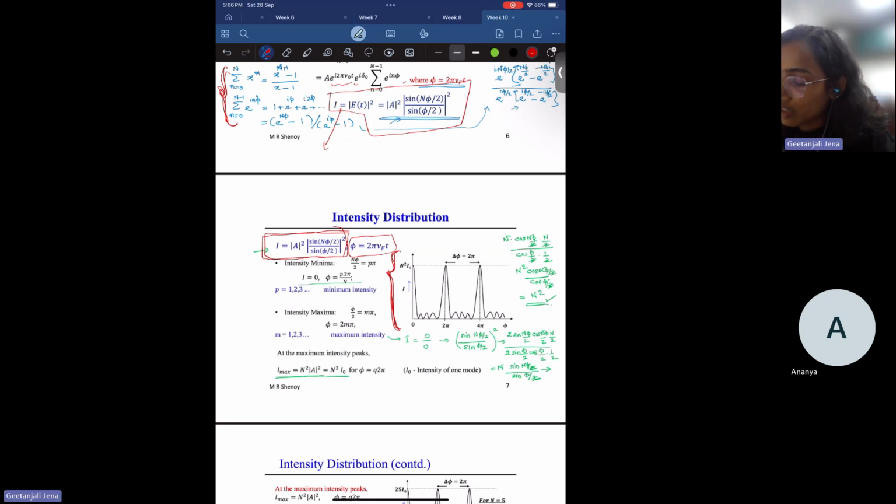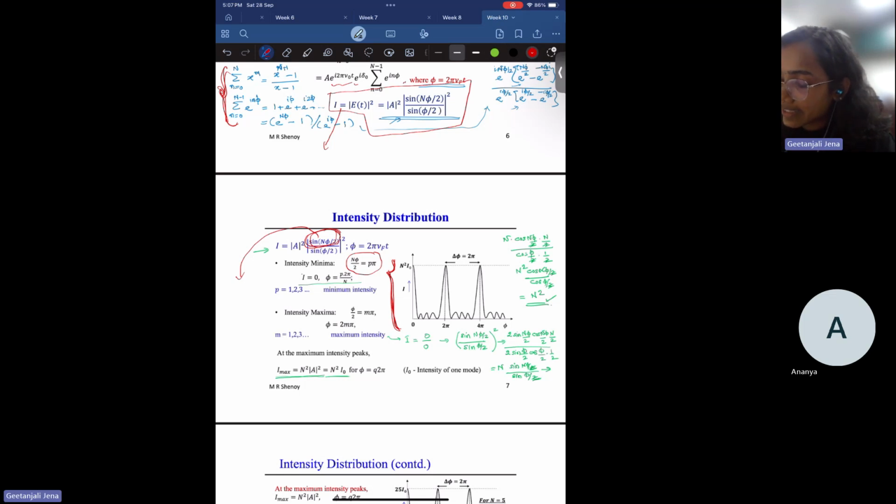For minima, what you need? If you want to get an intensity of 0, that means this term should be 0, right? So that means n phi by 2 should be p pi, where p is some integer.